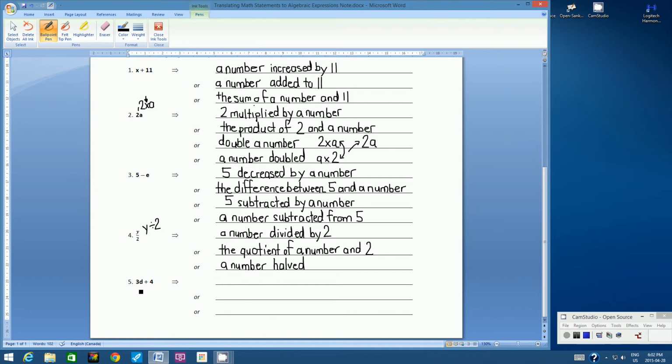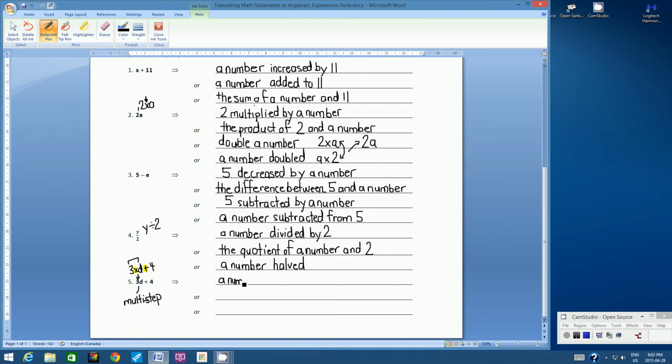Okay, number 5 is what is called a multi-step problem. Because we don't have one operation, we have more than one operation, okay? So we have multiplication here, 3 times a number, and then we have addition here. So we have two operations, multiplication and addition. Okay? So let's break this down. So let's talk about the first part first. Okay, this part. So how about something easy?